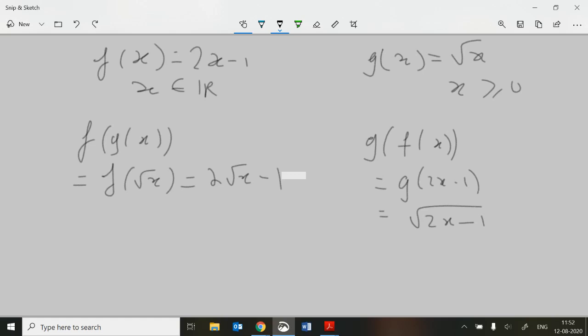So we're putting this restricted domain, only non-negative numbers, into f of x. And that's fine because you're allowed to put non-negative numbers in here. So 2 lots of a non-negative number is a totally fine thing to do.